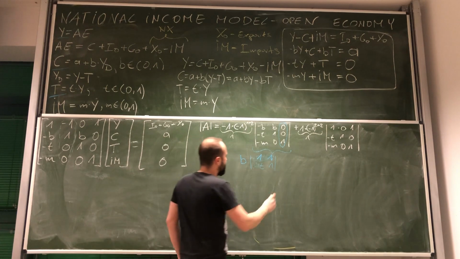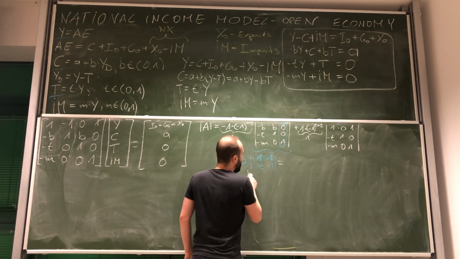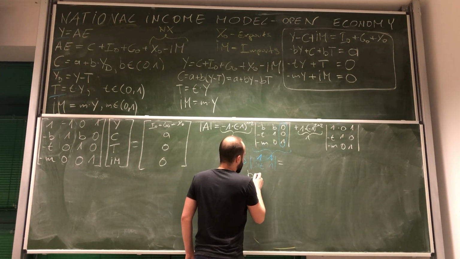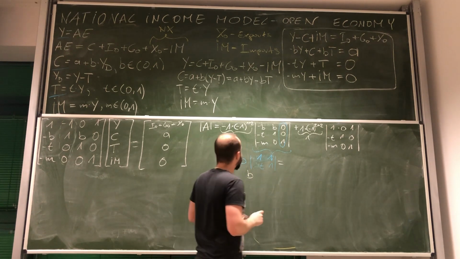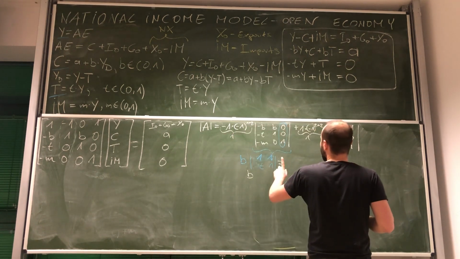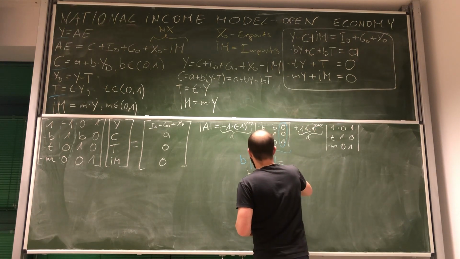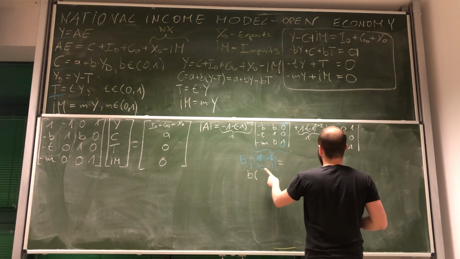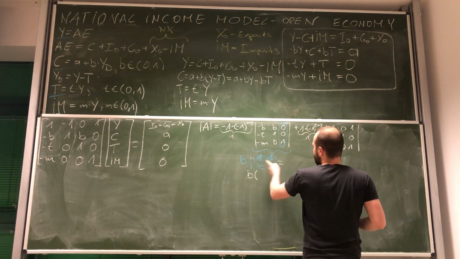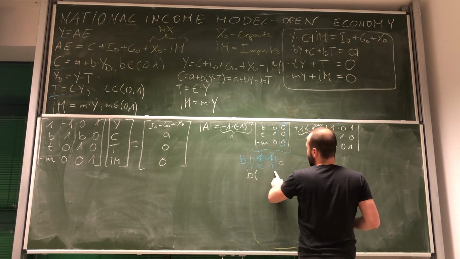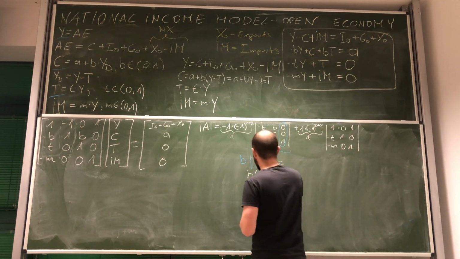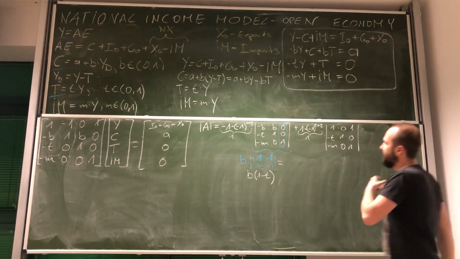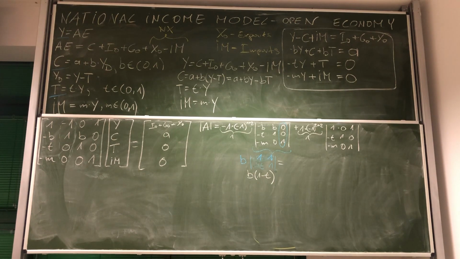And this is simply equal to b times 1 minus t. Okay, didn't miss anything over here.